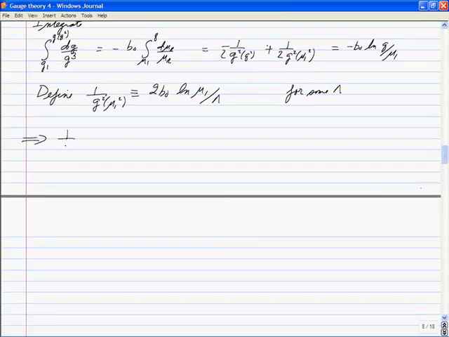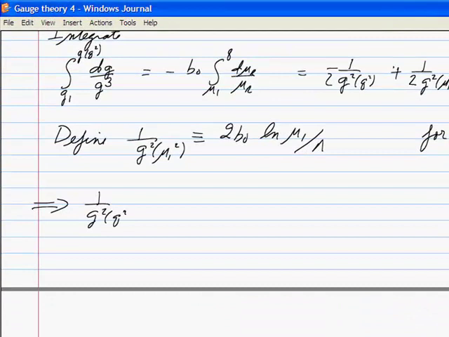Okay, when you do that, then we get 1 over g squared of q squared equals 1 over g squared of mu1 squared plus 2b0 log q over mu1.